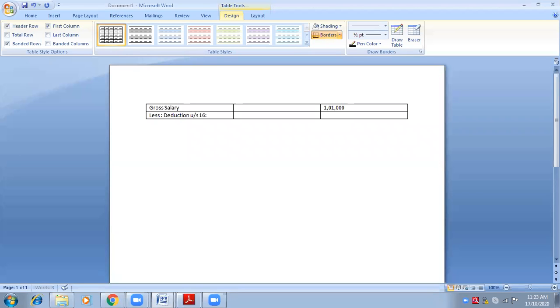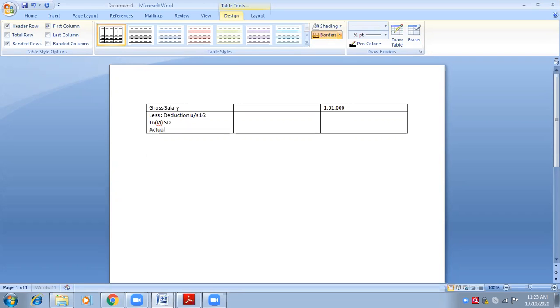Okay, so you will come to the next line and you will write 16 subsection 1A, and it is standard deduction. I'm writing the short form, but you need to write it in full form. Standard deduction. Now after standard deduction, you have to come to the next line. The way I am writing, you also have to write the same way.